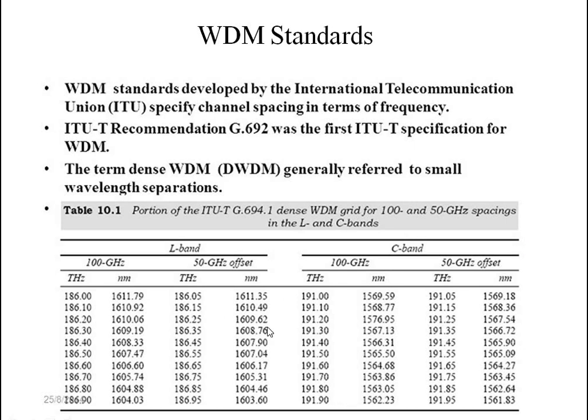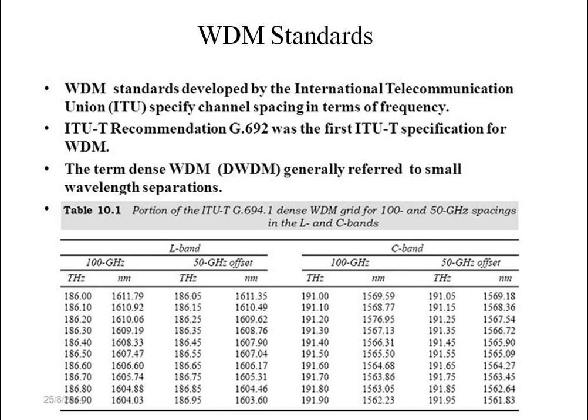So the column that is labeled 50 GHz offset means that for the 50 GHz grid, one uses the 100 GHz spacing with these 50 GHz values interleaved.